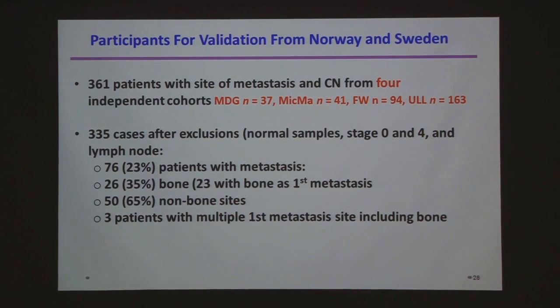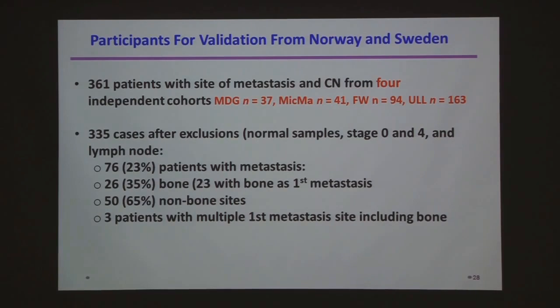Part of getting any paper published, and I think all of you know this, if you don't have a validation set, you won't be able to get a paper published in the literature using any of these types of data. So we struggled hard to find a data set, and one of our colleagues from Norway had copy number data.